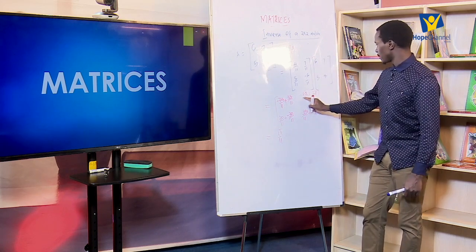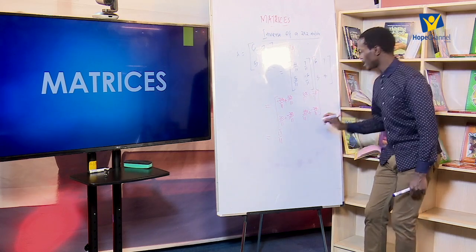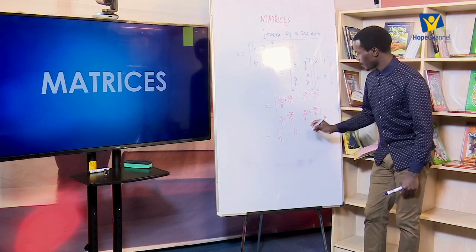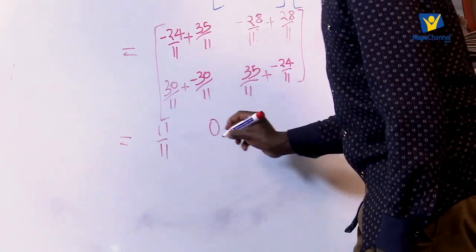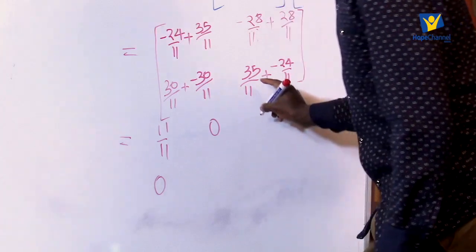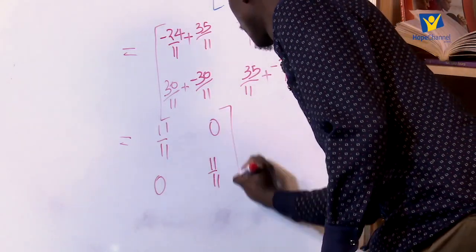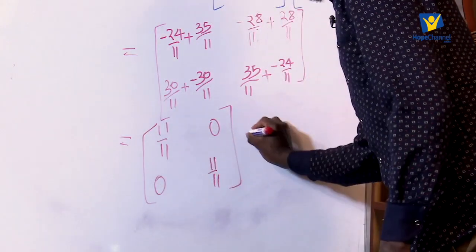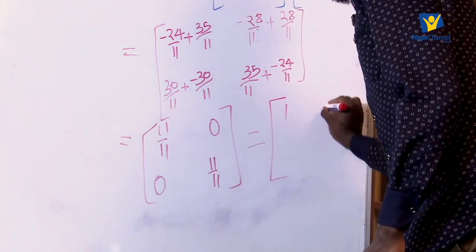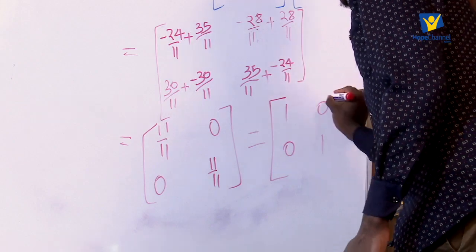Then negative 28 over 11 plus 28 over 11 is 0. Then 30 over 11 minus 30 over 11 is 0. And the last one, 35 minus 24 is 11 over 11. So what do we get? This is the same as writing 1, 0, 0, 1.